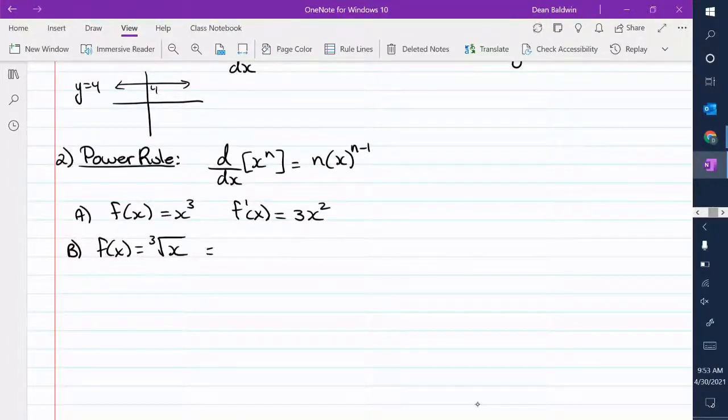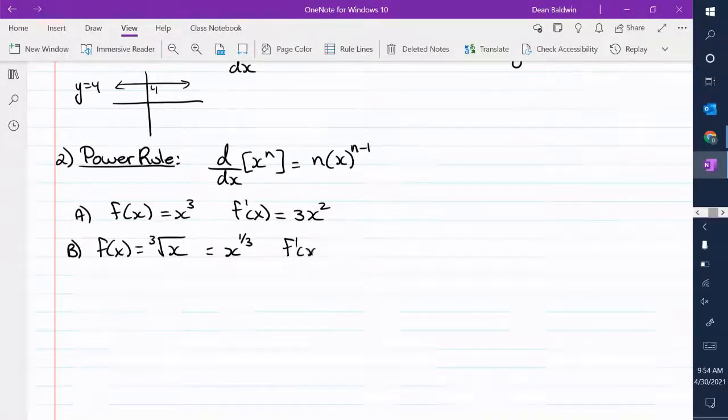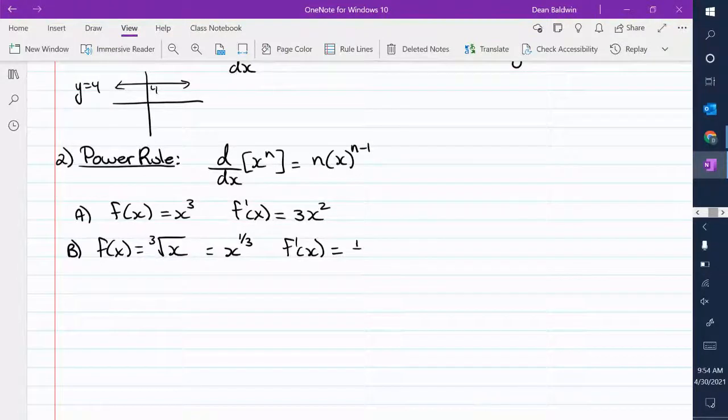So this means x to the power of 1/3. Once you have it in exponential form, then you can use the power rule. So what happens to the 1/3? Drops down. So f prime will be 1/3 x.